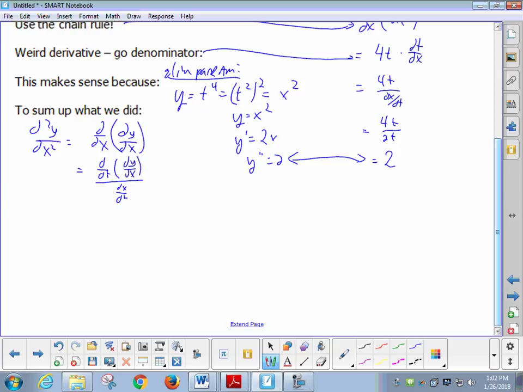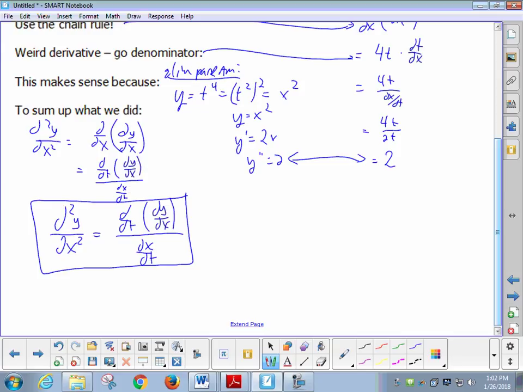That then is the big idea that you want to probably box: the second derivative parametrically is you take the derivative with respect to t of the first derivative, but then divide by dx/dt.